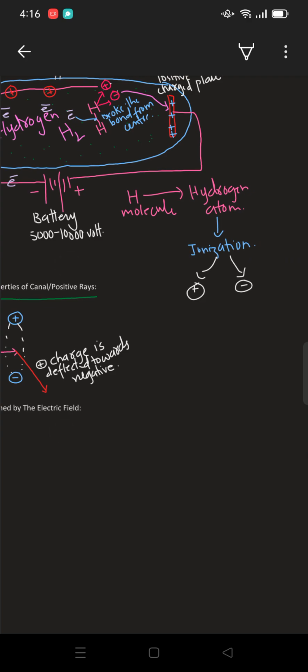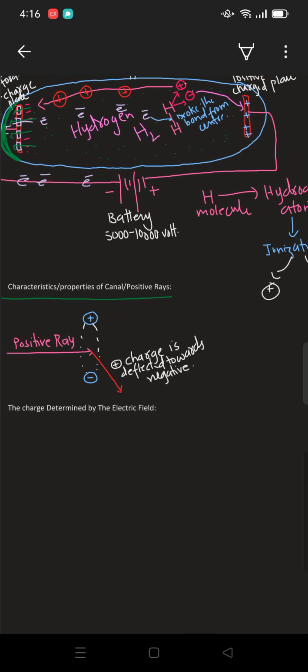Let's go with another property, which is the mass. Mass, we know, is determined by the magnetic field.